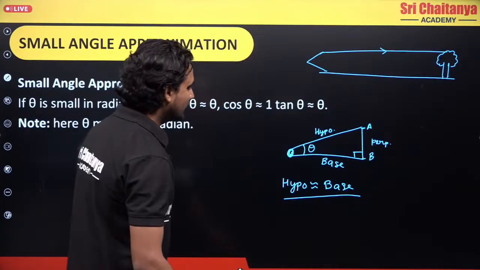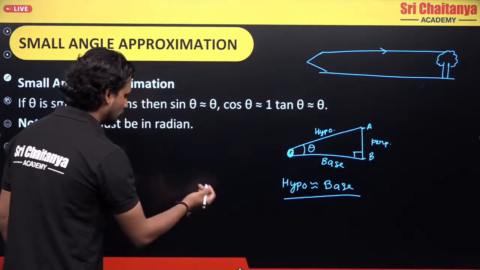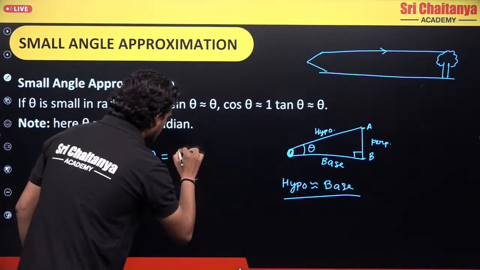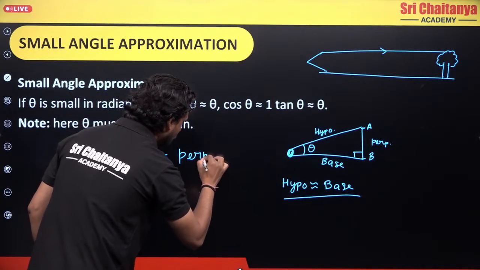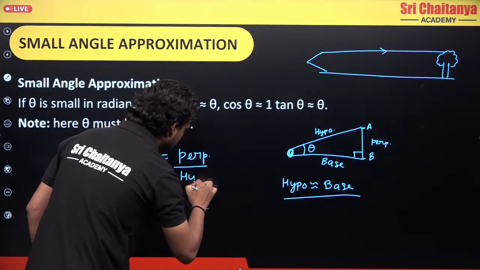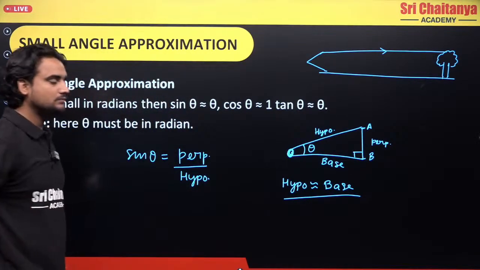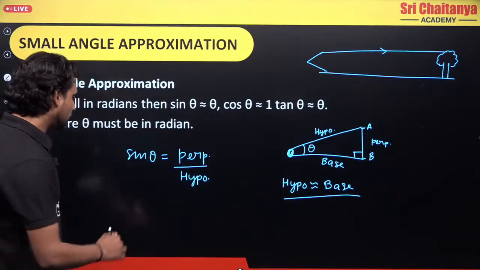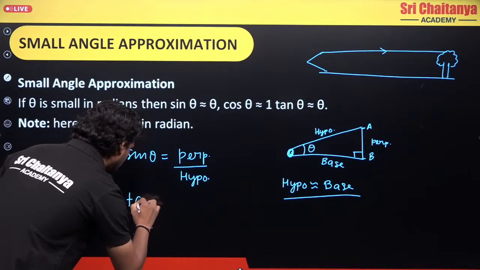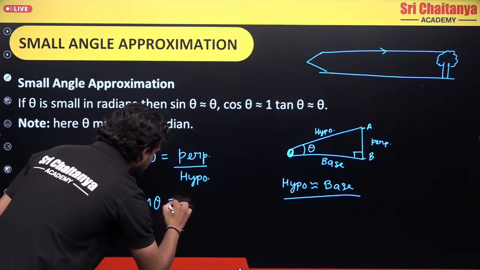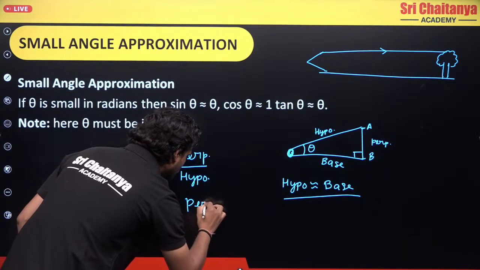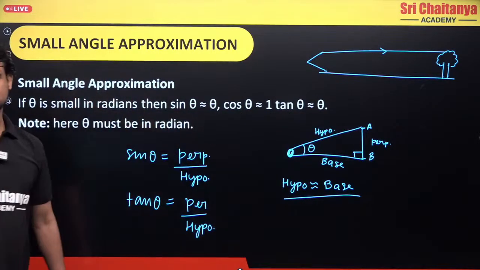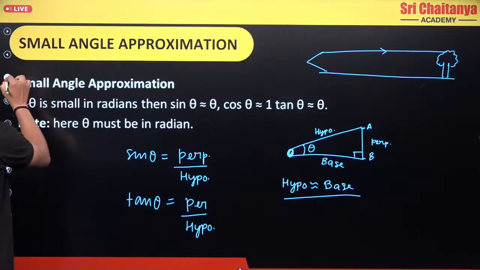Now what is the value of sine theta? I know that sine theta is equal to perpendicular upon hypotenuse. And what is the value of tan theta? Tan theta is equal to perpendicular upon base.